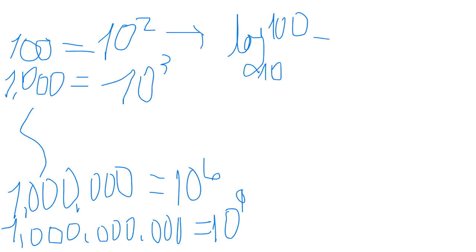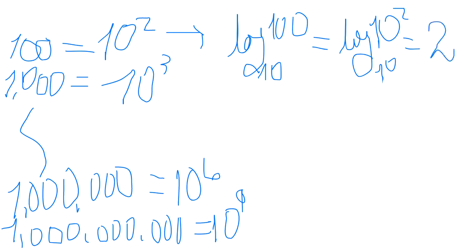We know that means we want to express this 100 by only the exponent of 10, right? So that means, again, I can write it as log of 10 squared to base 10. Okay? And then this can be written as 2.